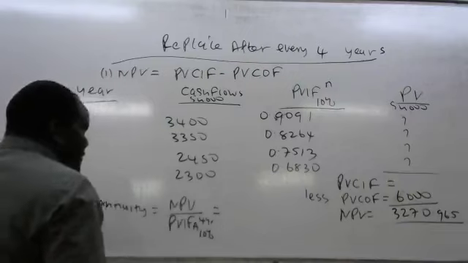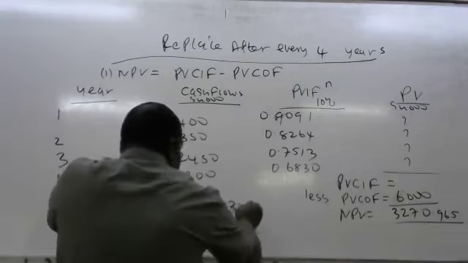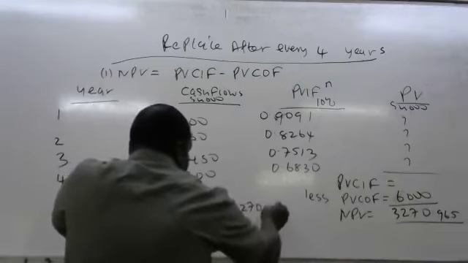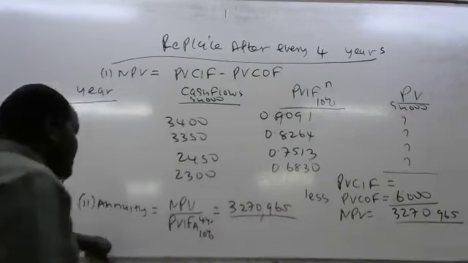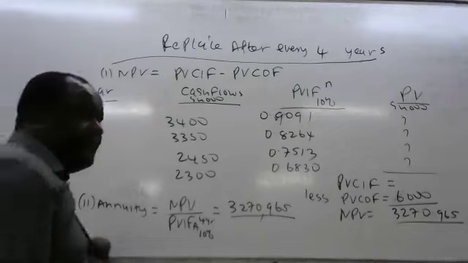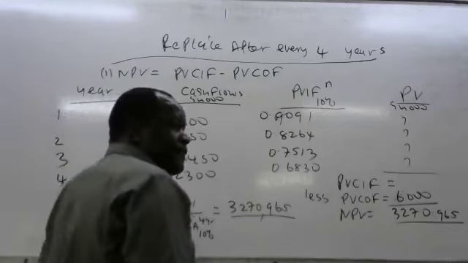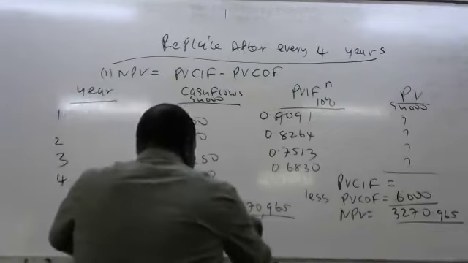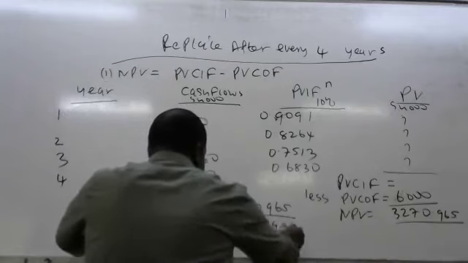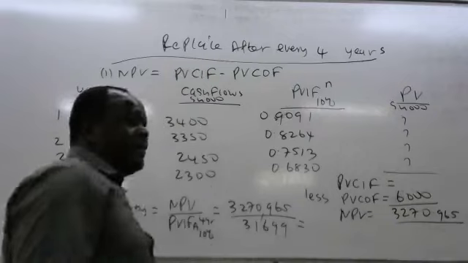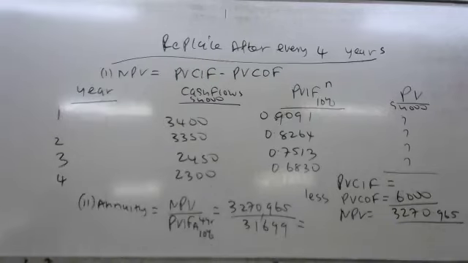So the NPV is 3,279,965. So 10% in year 4, 3.1699. So we get that annuity.